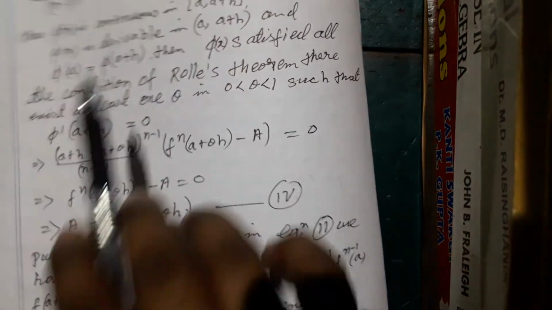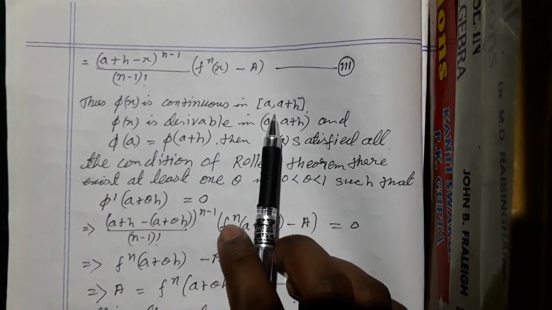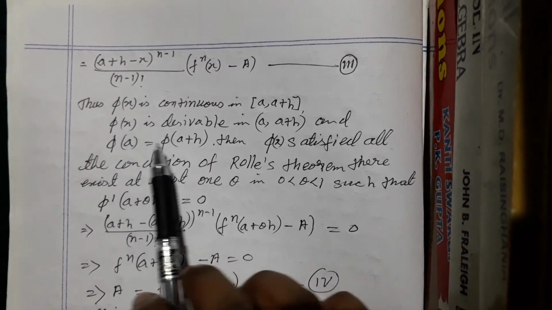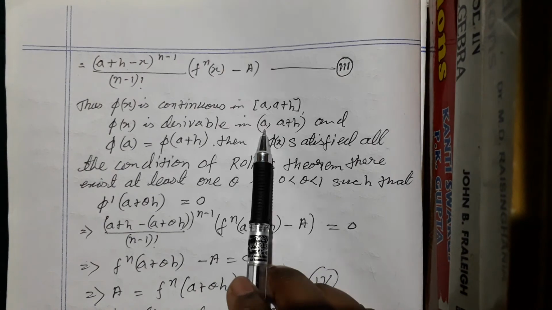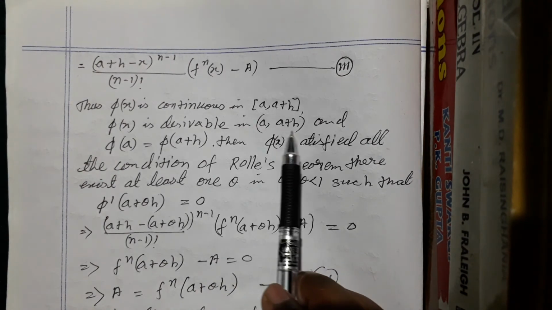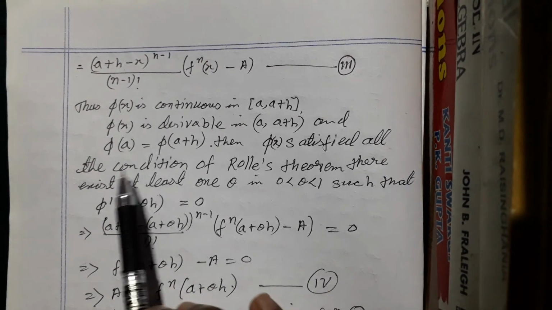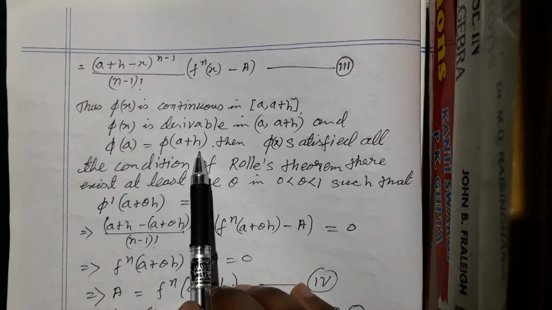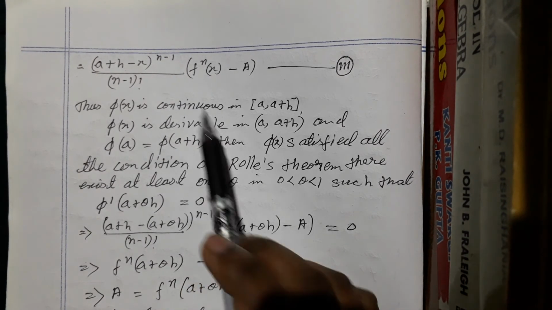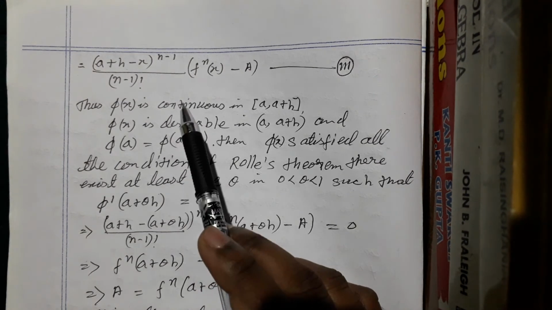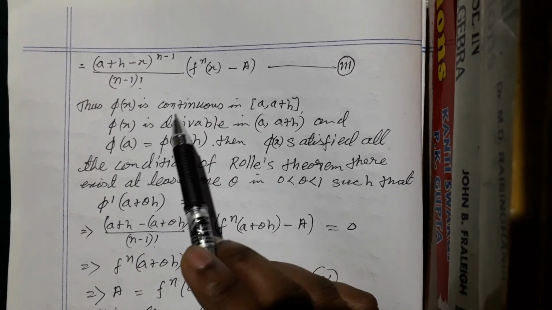Also, phi of x is differentiable in the open interval a to a plus h, and phi of a is equal to phi of a plus h, which we chose already when we took a. So these three conditions show that it satisfies all the conditions of Rolle's theorem.